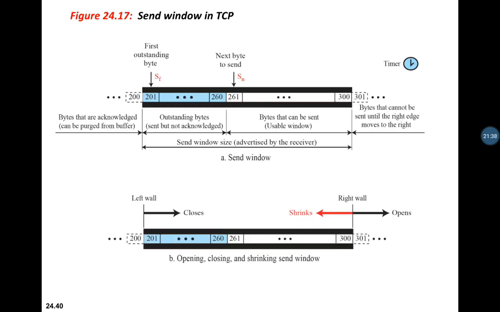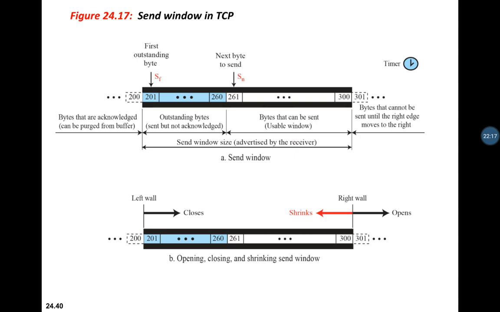Consider the send window. Here you can see SF, SN and also the send window size. Already we had studied windows in the earlier topics, the selective repeat protocol and go-back-N protocol. There the concept was explained with respect to windows. So here the first outstanding byte is SF, which means the data is sent but not acknowledged, and SN is the next byte to send, which is inside the usable window.